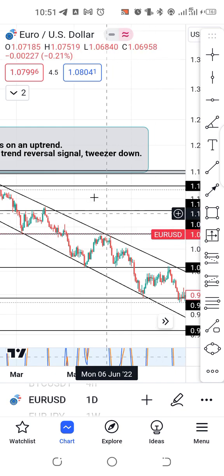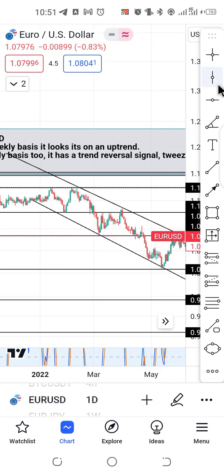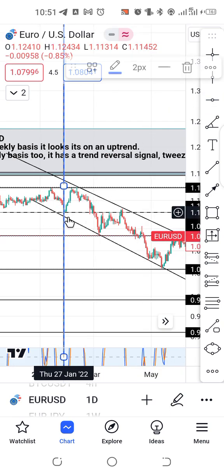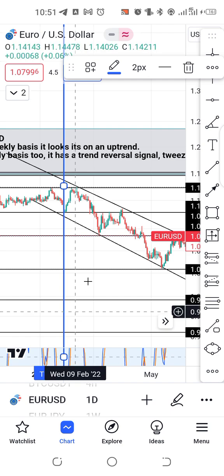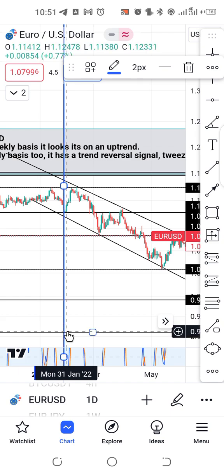If you look clearly from this high, let me put a line here so we can see. All right, so this was Thursday 27 January 2022. That is, the market started from the top here on Thursday, 27 January 2022.